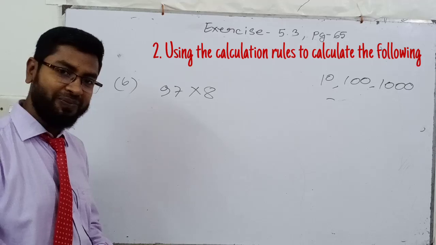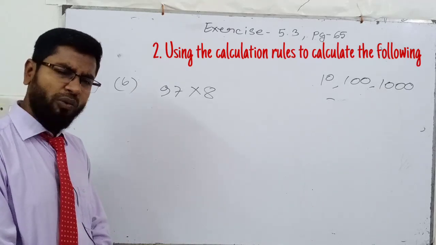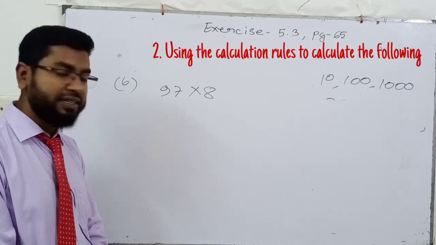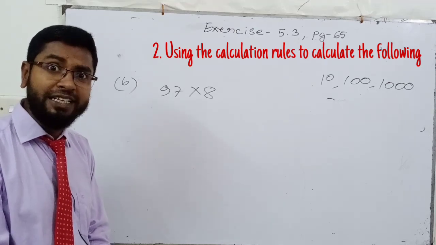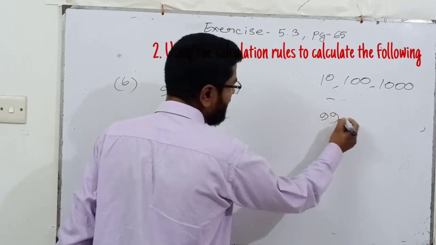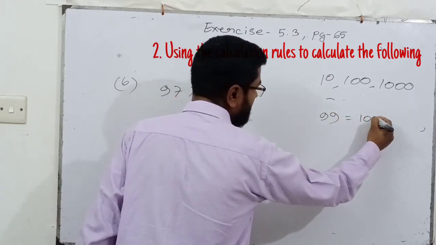See this math: 97 multiply 8. Our target is to make it 100. How can I make it 100? I have one idea. If any number is 99, it is very close to 100, so here we can write 100 minus 1.